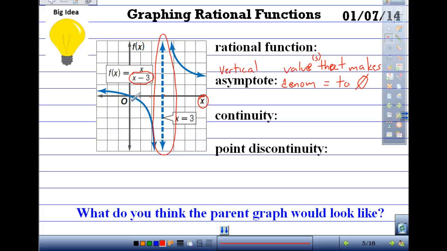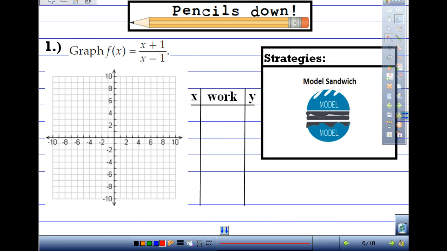Okay. There you go. And I'll go back to this other part, and this is the main thing. Consider this kind of like the vertex of rational functions. It's the center of where everything starts and where everything's going on. So here, what is the vertical asymptote? Positive 1, right?